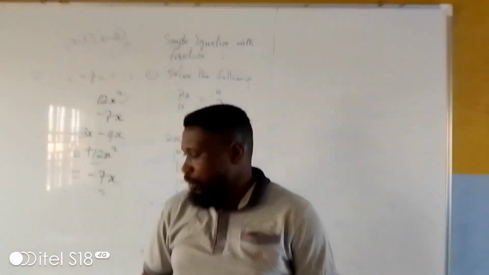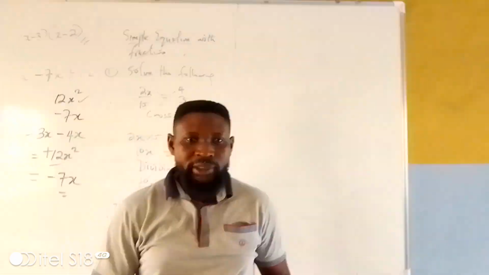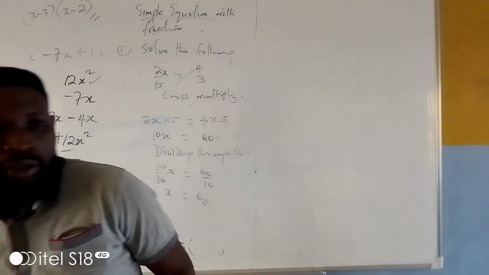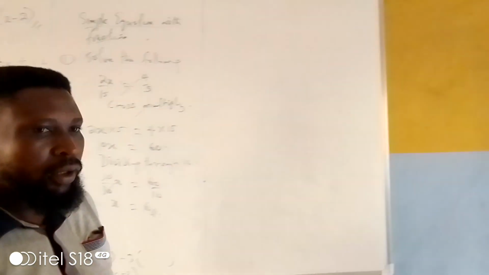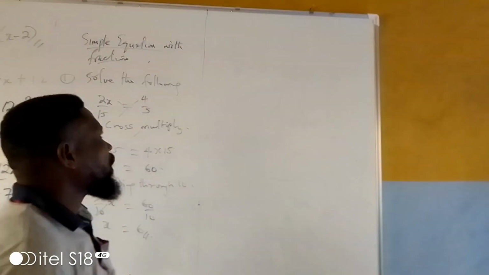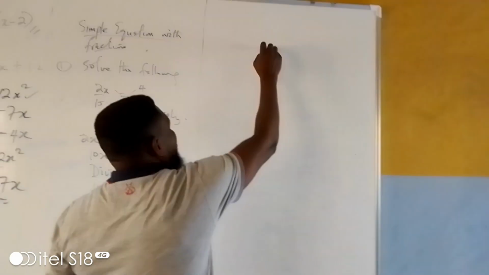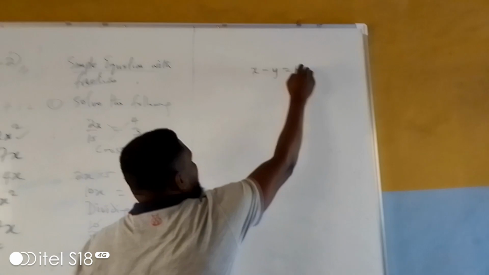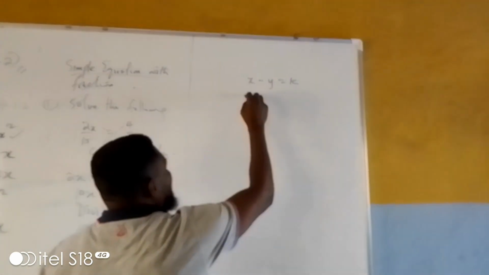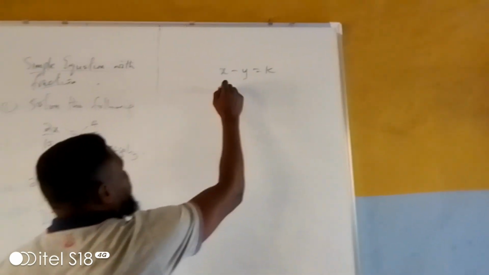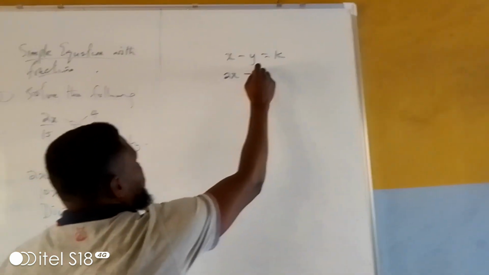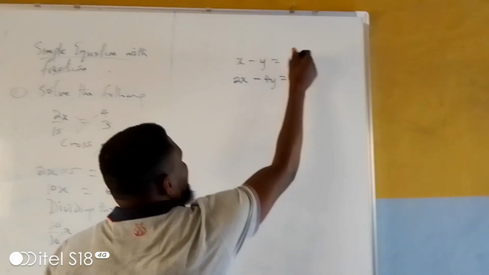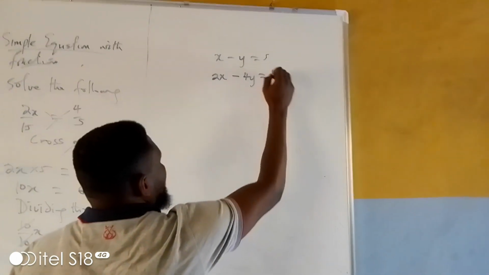So, how do you identify a simultaneous equation? Now, when you have an expression of this form, let's say this is the group over here, 5 and 6.